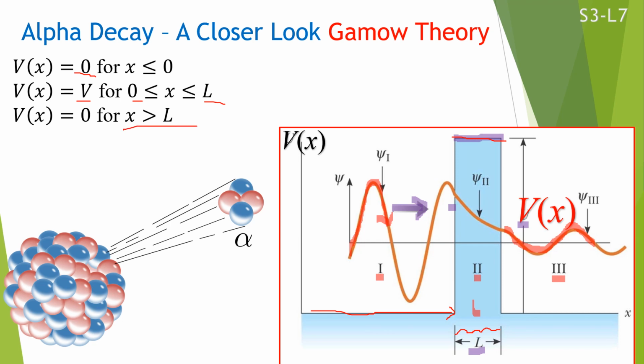In the range where x goes from 0 to capital L, which is the width of the barrier over which the potential V is present, the potential is V. And in the next region, where x is greater than L, that is region 3, the potential is again 0.